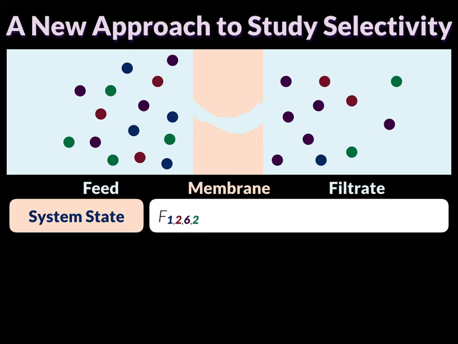Here we don't have equilibrium, so metastability is a loose term, but we specify the state of the system by the number of molecules of each type that exist in one of the reservoirs. Now, here we form the filter. So we have one blue, red, purple, and green. The state of the system will be denoted as F116.